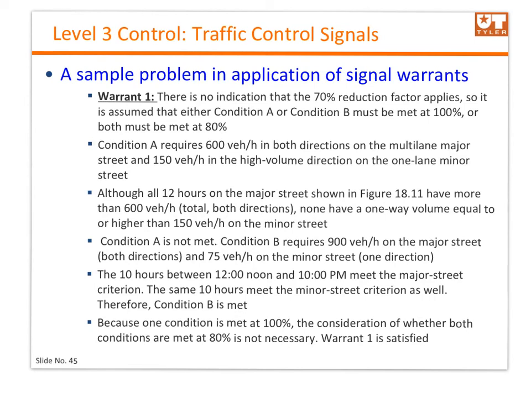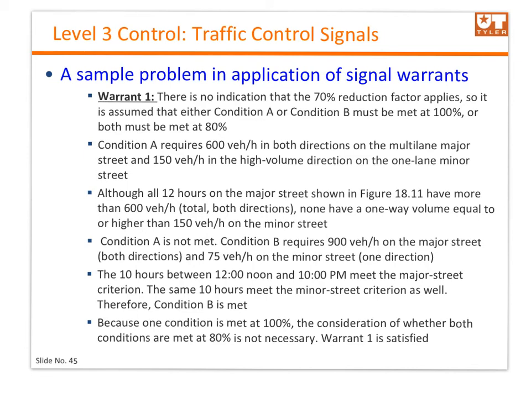Therefore, condition A is not met. Condition B requires 900 vehicles per hour on the major street and 75 vehicles per hour on the minor street. The 10 hours between 12 noon and 10 p.m. meet the major street criteria. The same 10 hours meet the minor street criteria as well, and therefore condition B is met.